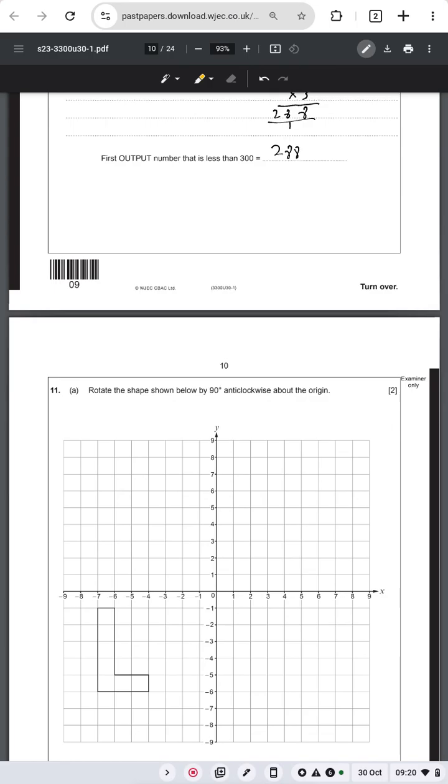Okay, now we have to rotate the shape shown by 90 degrees anti-clockwise about the origin. So this shape is going to be moving into the bottom right quadrant of this graph. And it's rotating around the origin, so this basically means we have to not quite reverse all the numbers, but can you see that this point here, this corner, is at 6, minus 1.